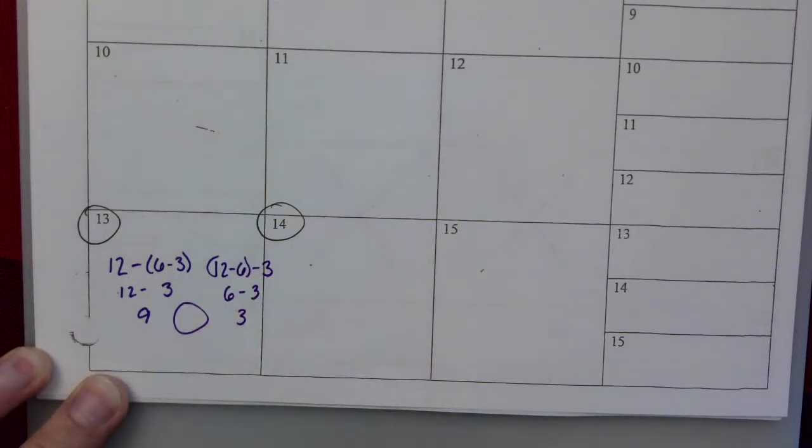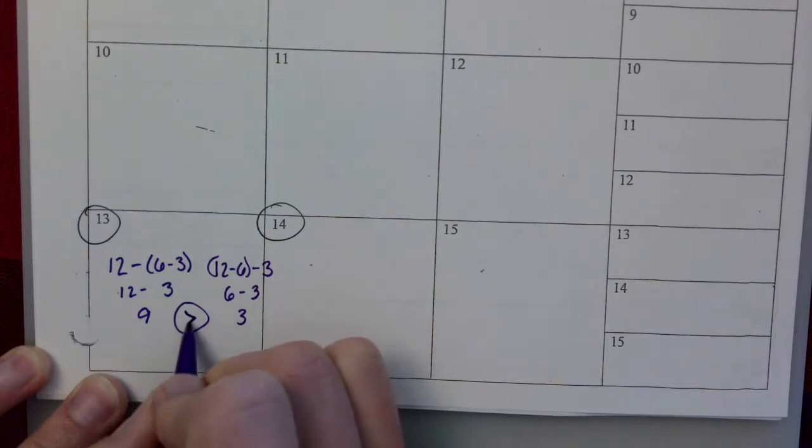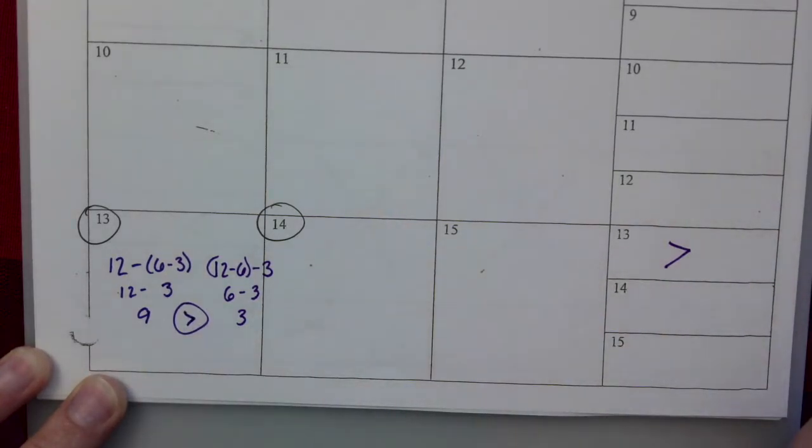So is 9 less than, greater than, or equal to 3? Well, 9 is greater than, so you'd say greater than for 13.